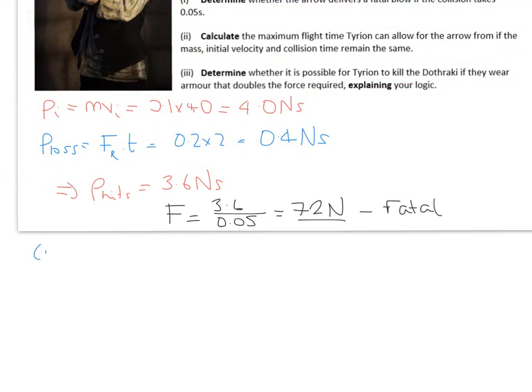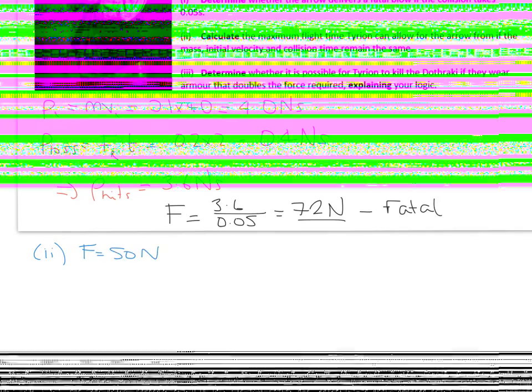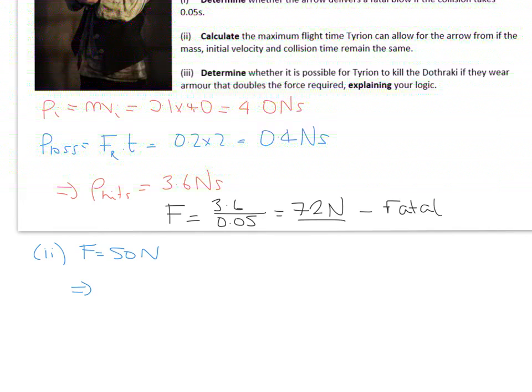So part 2, calculate the maximum flight time if everything else remains the same for a kill. So we know that for a kill, the force has to be 50 newtons, which means the momentum when it hits is going to need to be 50 times 0.05, which is going to be 2.5 newton seconds.